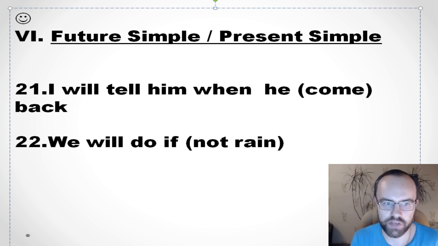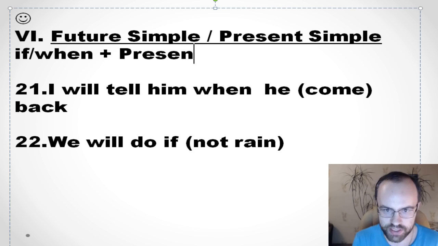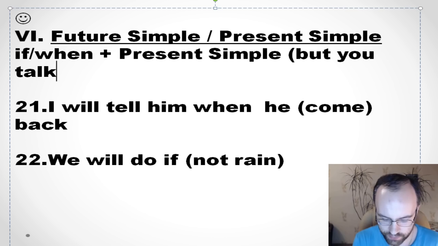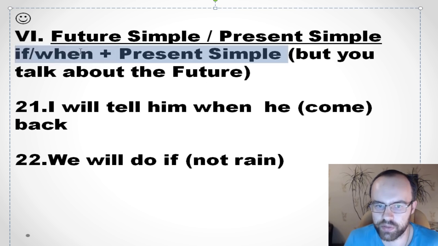If you have if or when plus present simple, but you talk about the future.